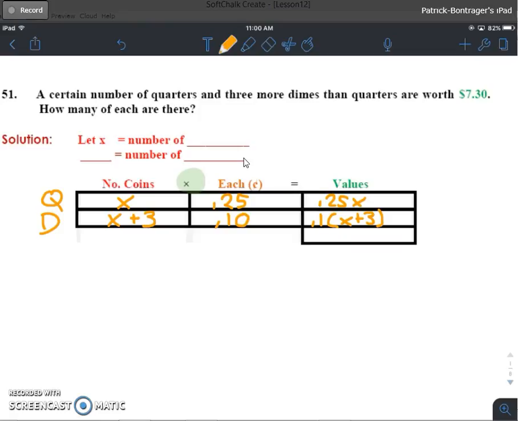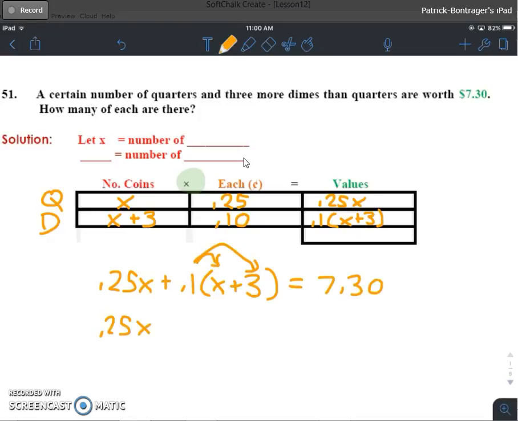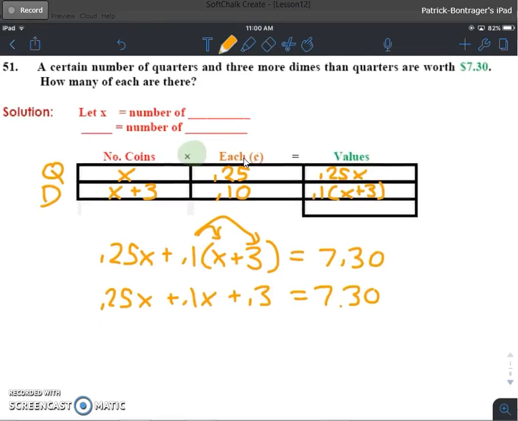All right, the total is worth $7.30. So we're going to add those two values together, and equal it to 7.30. And we'll distribute. Combine like terms.